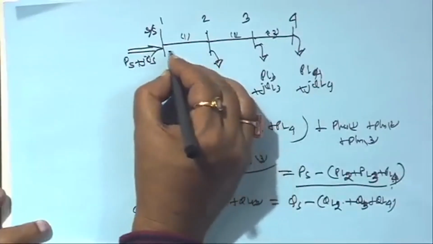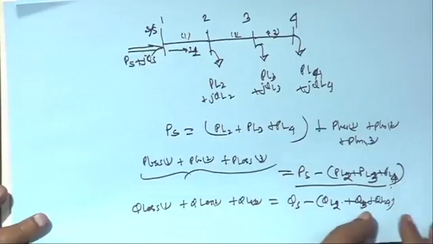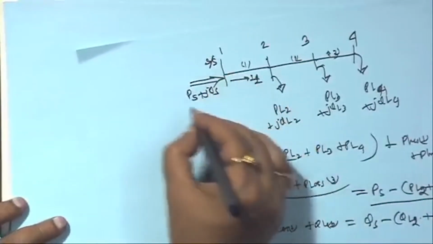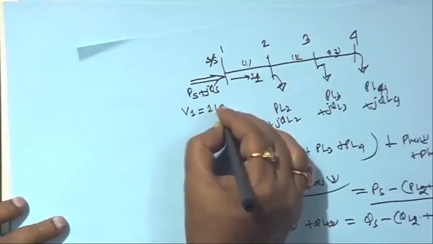So how to compute this? From this diagram only we will write. The current flowing through this branch is I1. The substation voltage V1 is known. In general, if it is different it does not matter, here it is 1 angle 0.